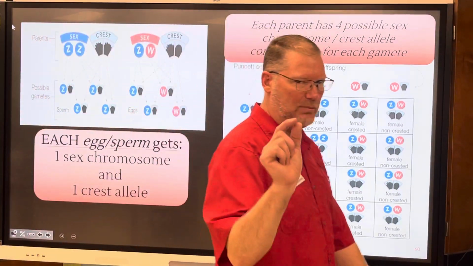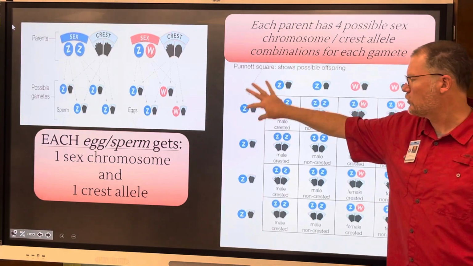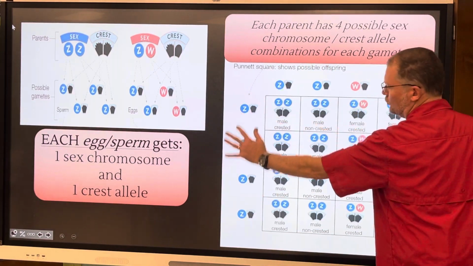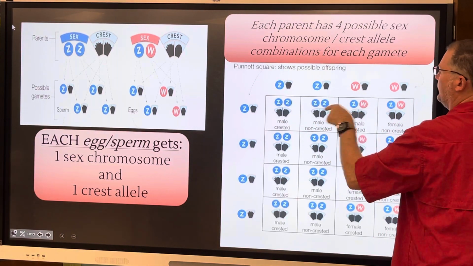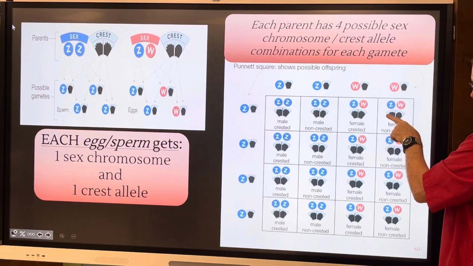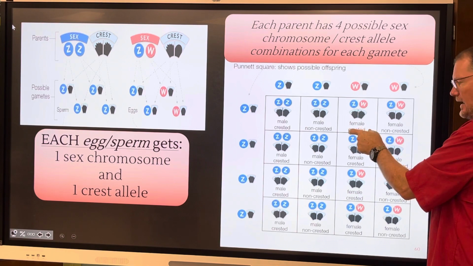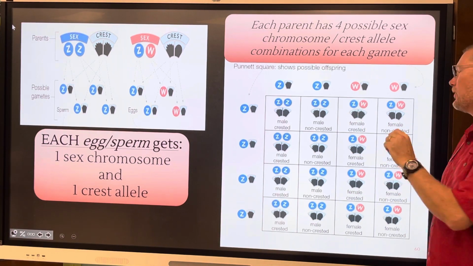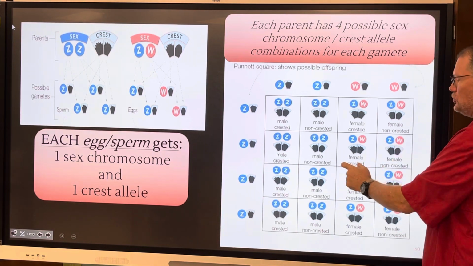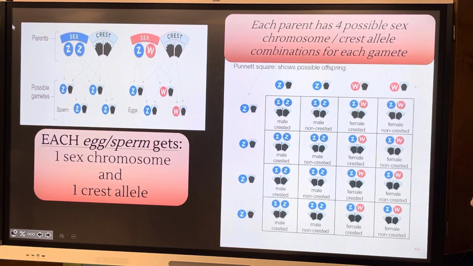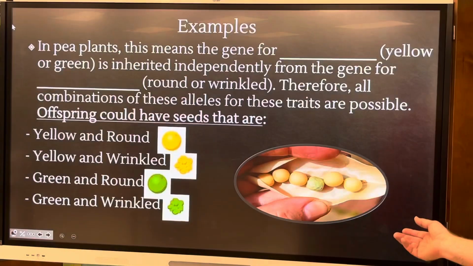I'm trying to go baby steps so everybody sees how this is created. And then once you have this created, you can start ZZ, ZZ, ZW, ZW, and you can get all of the sexes and the trait. Sex is also a trait, for the crestedness of each of the individuals, okay? So hopefully we'll have time later to finish that if you haven't finished that yet. Okay.